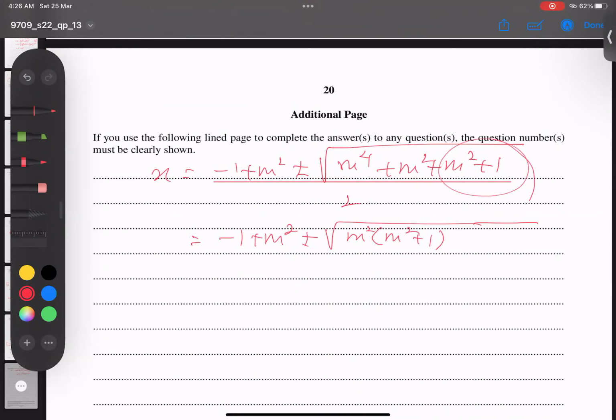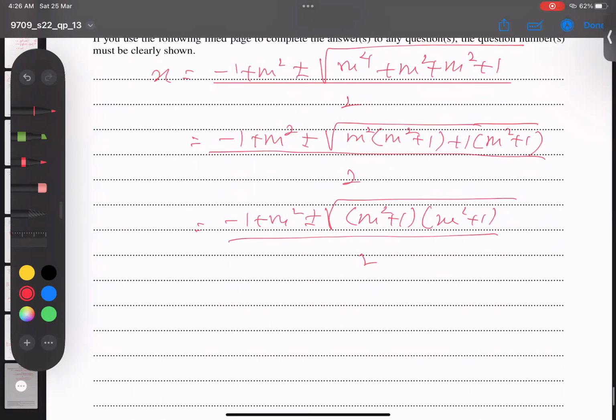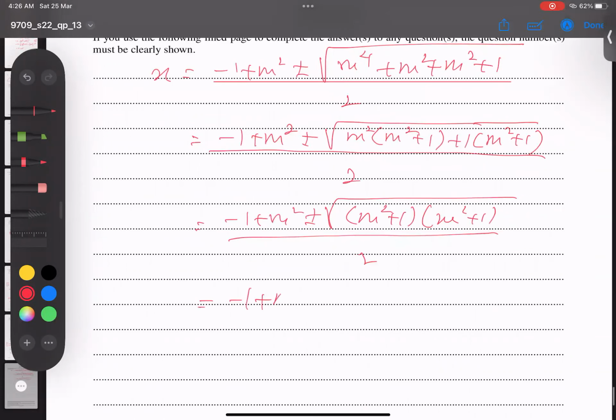From these two terms, plus 1 is also common, I get m square plus 1. I can do a shortcut, but if I do a shortcut you will get an issue. In short, I got m square plus 1 whole square.